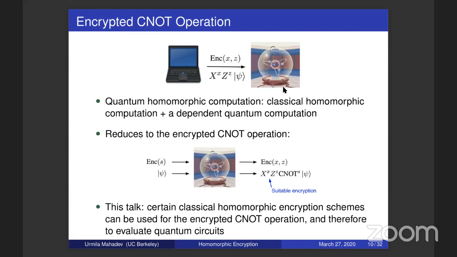You start with the encryption of S. Now you have the encryption of X and Z. X and Z are independent of S. So on the right-hand side, the only dependence on S is C0 S. It does information theoretically determine S. If you have the encryption of X and Z, you can decrypt them and then decrypt the state and find C0 S. But encryption of S is classical, so I could copy it on the side.